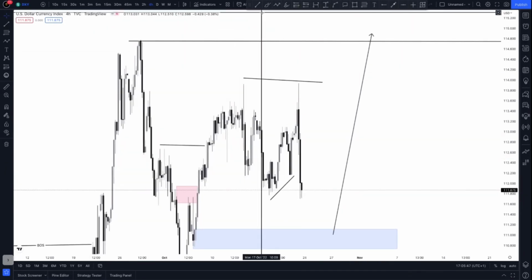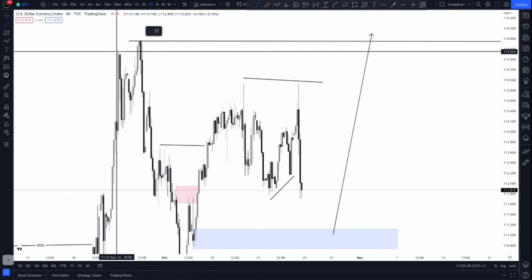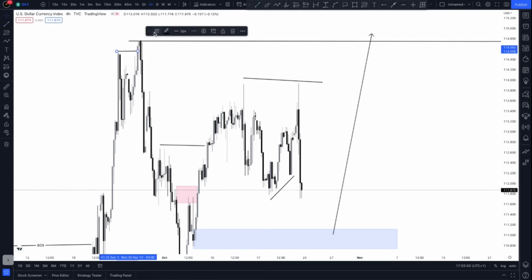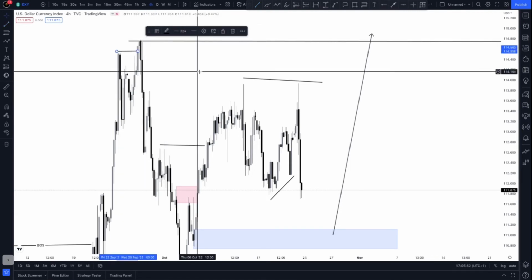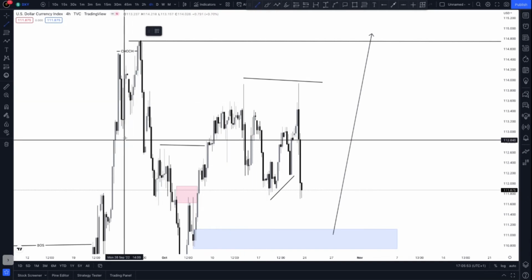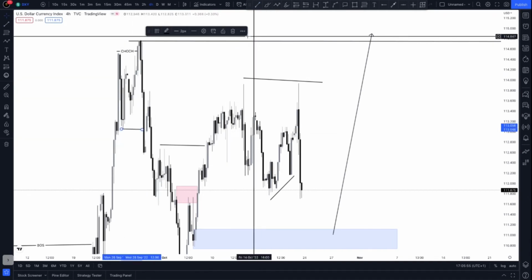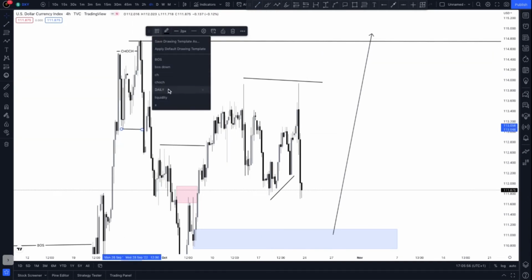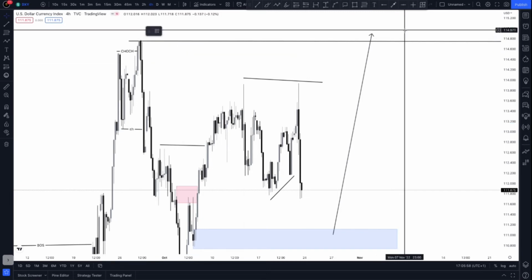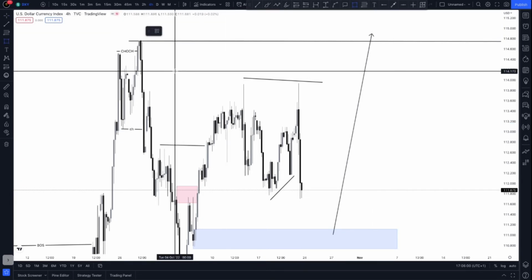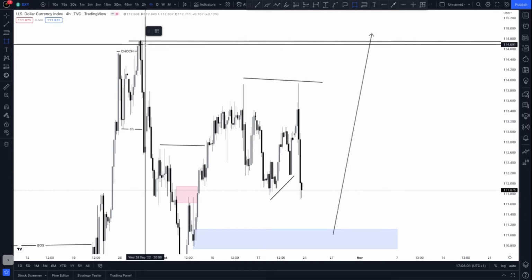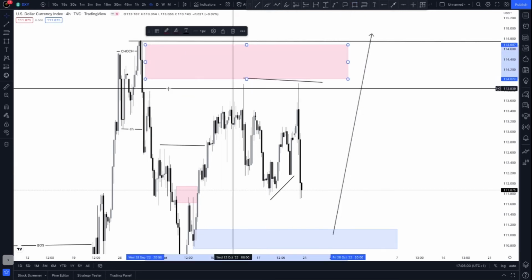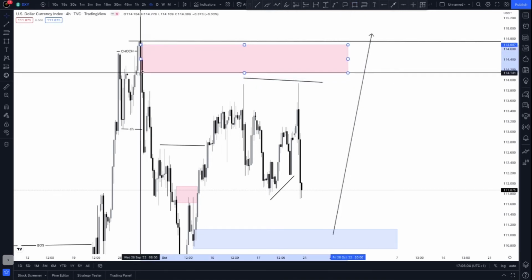On our sell side scenario on the DXY, we clearly have a change of character at that level there. We have the change of character there, and we also have another change of character here. And if you look at the chart, we've got our supply zone there.